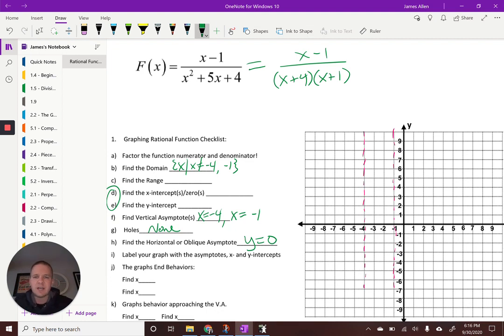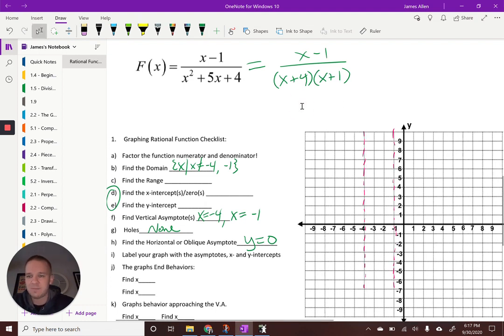So x-intercepts. Well, if I want to get an x-intercept, that means that my function value, my y value, is 0, right? If it's crossing the x-axis, that means y is 0. So anywhere along here, -3, 0, -2, 0, 0, 0, 1, 0, 2, 0, 3, 0, my y value is always 0. So I'm going to set this equal to 0. And when I'm setting it equal to 0, I obviously don't want my denominator 0.